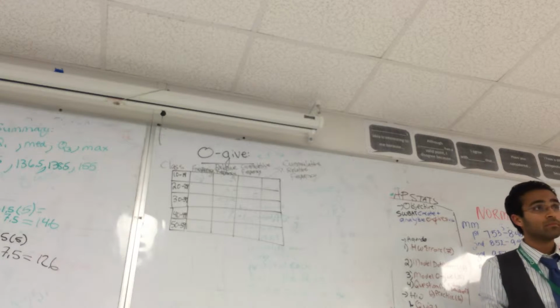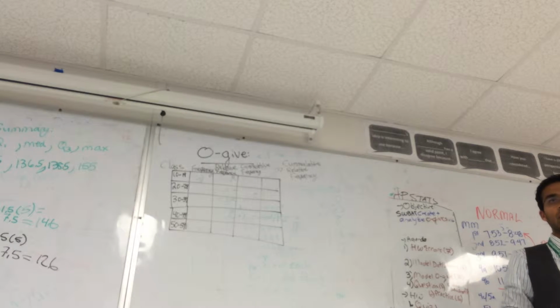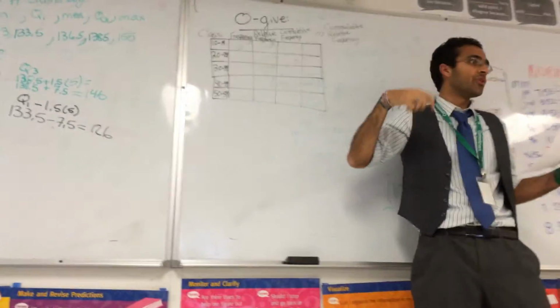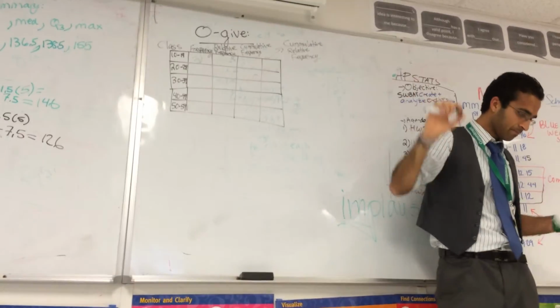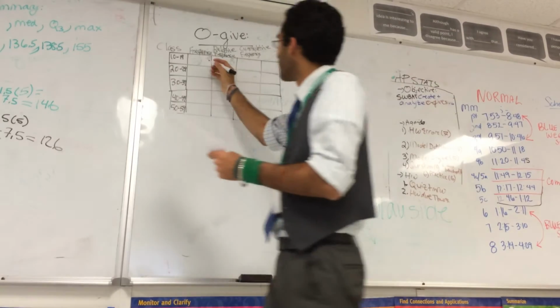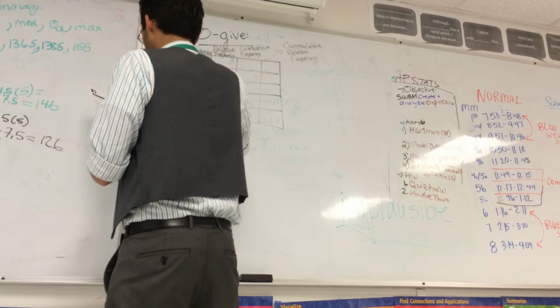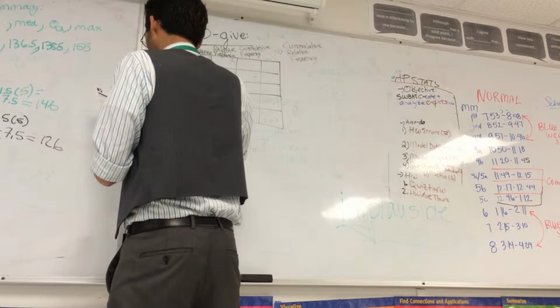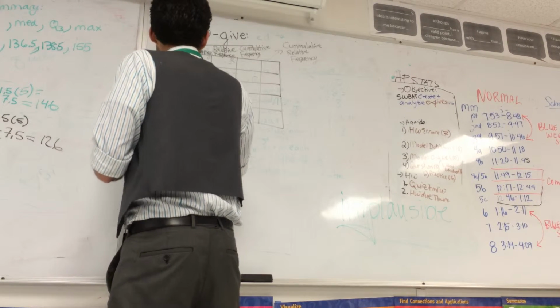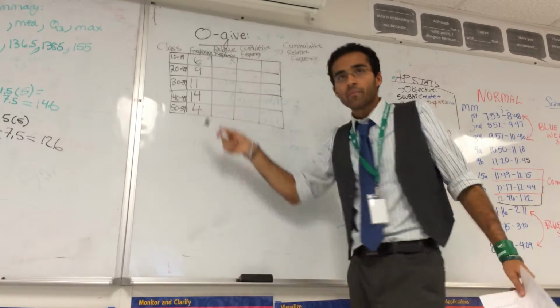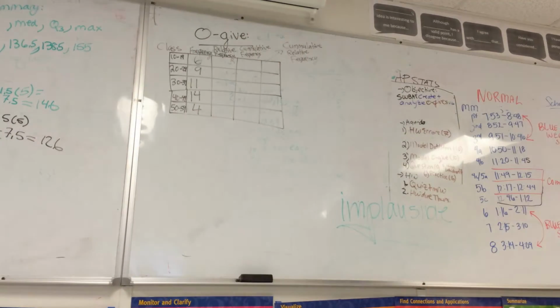Okay. Now, frequency refers simply to the number of times something happens. So let me fill in some data here. You might be asking yourself, where did we get this data from?